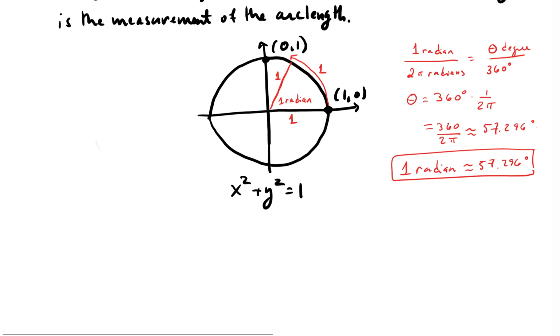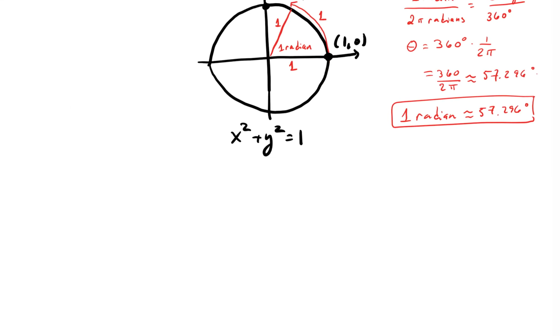Then we can figure out what other angles are in radians. So for example, 30 degrees. What is that? Well, you use that same rule of thumb. So 30 degrees over 360 degrees will be theta over 2 pi. Same ratio. So what's theta? Theta is going to be 2 pi times 30 over 360 degrees.